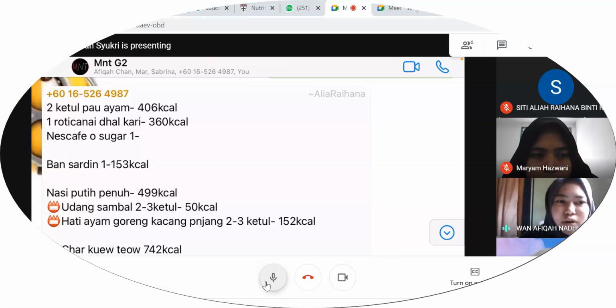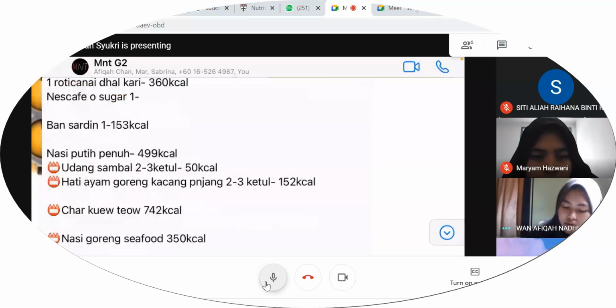And for the coffee, he consumes it with 3 to 4 tablespoons of sugar, about 300 kilocalorie like that. And then this is bansadin for his tea time, which is one piece about 153 kilocalorie.